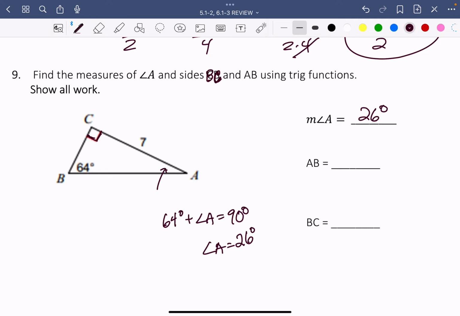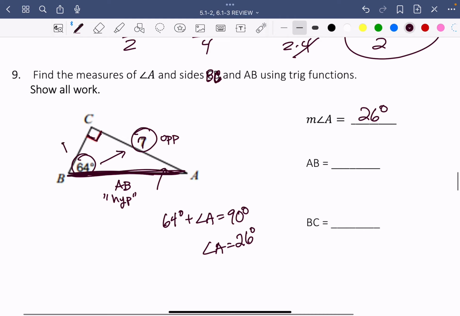So then if I want to find AB, I just think of it in terms of what I want, AB, and the other things that I know, 7 and 64. So for this one, this AB would be the hypotenuse. This would be opposite of 64, and BC would be adjacent, right?